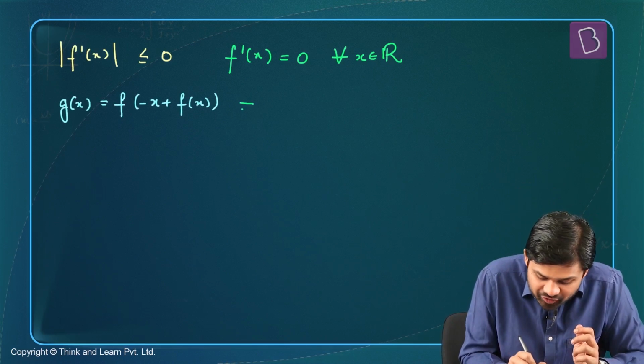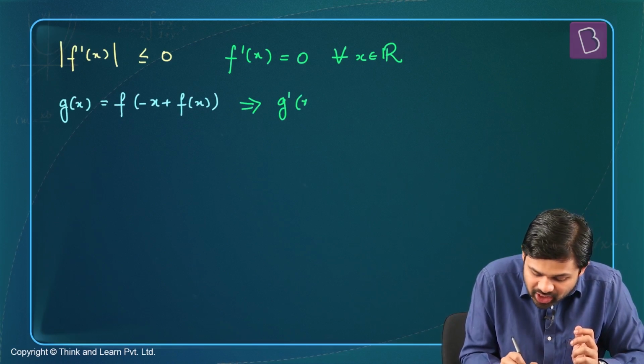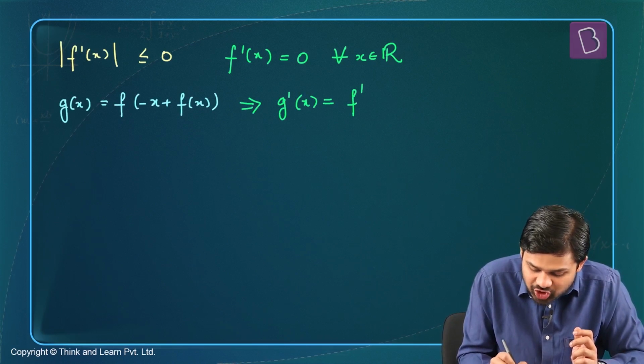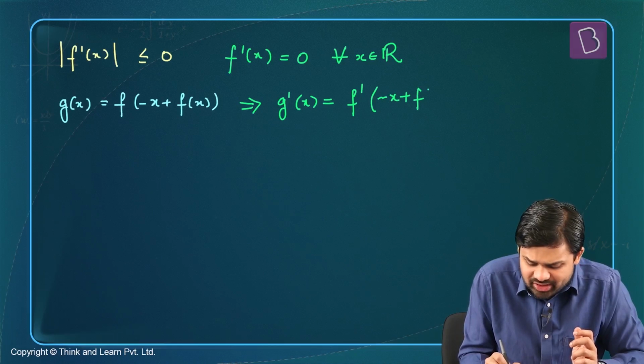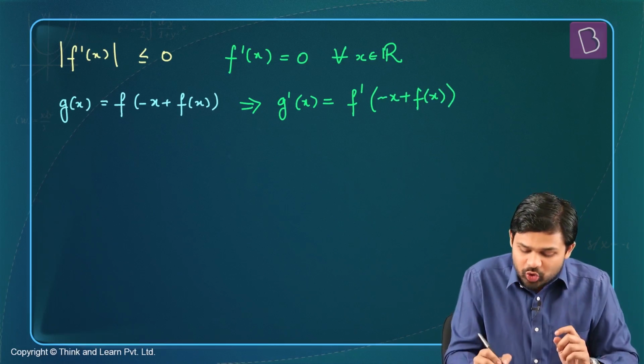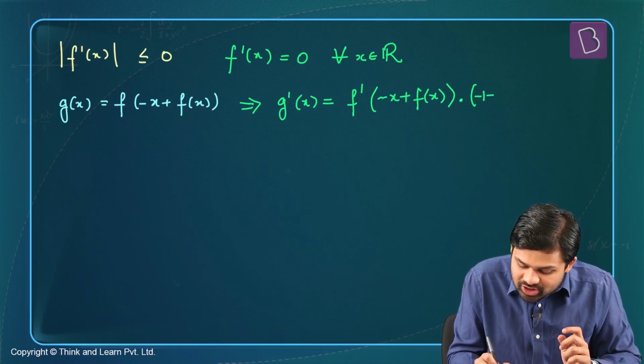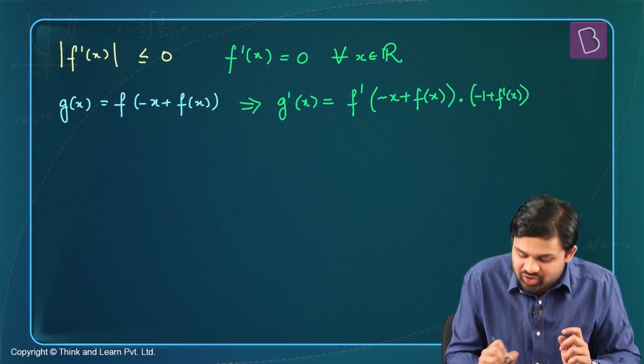So g dash of x is going to be equal to f dash of negative x plus f of x. And then don't forget the chain rule, which is going to be minus 1 plus f dash of x.